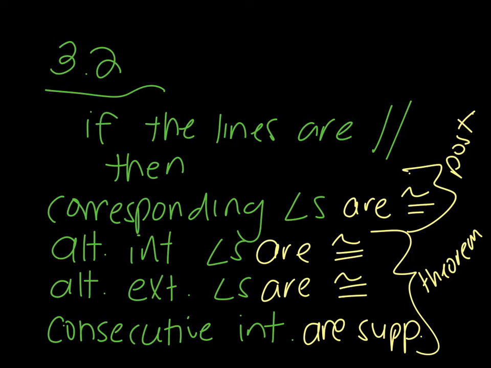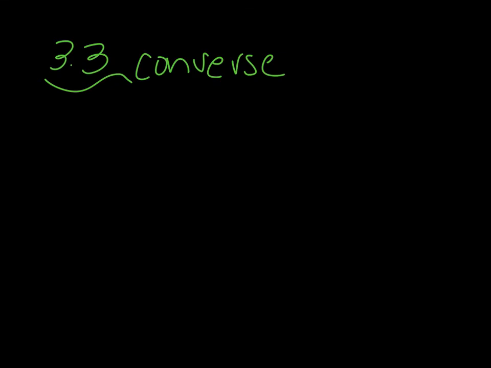You can also use these in your proofs. So you'll see these in more than one way. We got to 3.3, which was the converse to everything we had already talked about. So if, actually let me go in the same order.